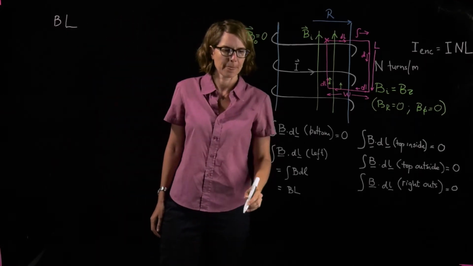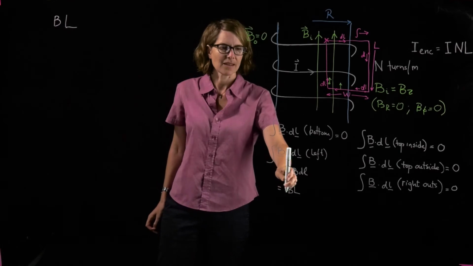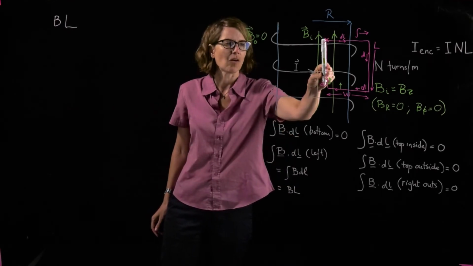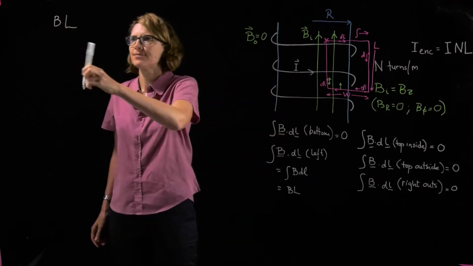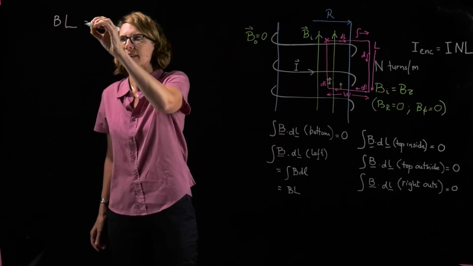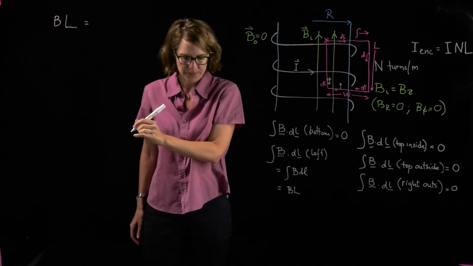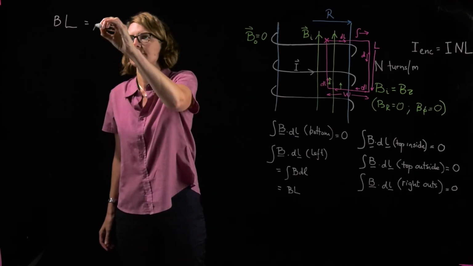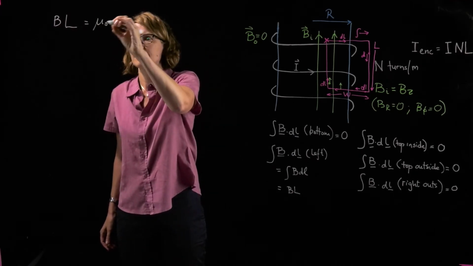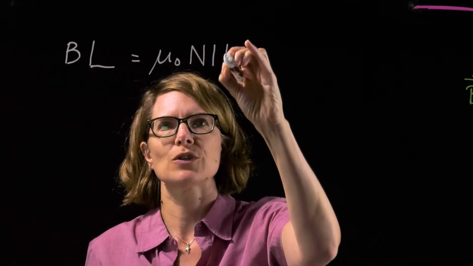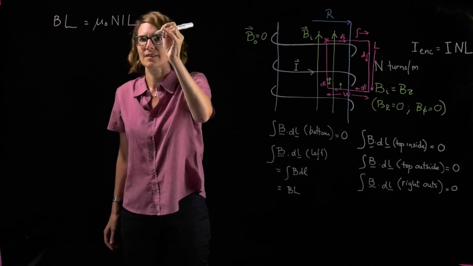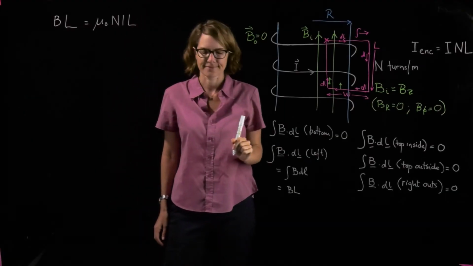So the integral of B dot dl around this curve is BL, and this is equal to the current that goes through that surface.